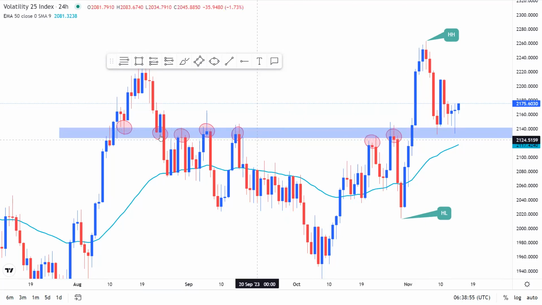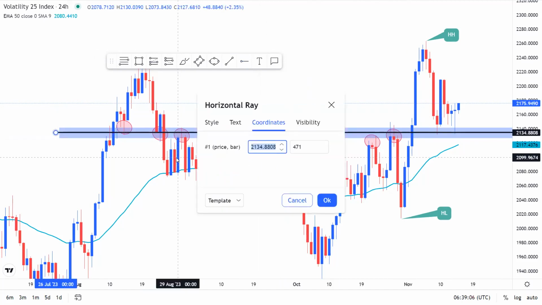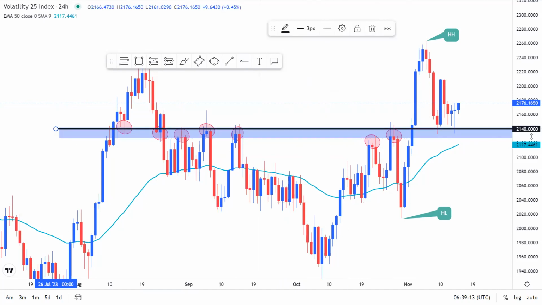So this qualifies this level for me as a key level, which I'm very much considering as a safe buying spot, a safe level where I would potentially look to buy from. And if I were to go a step further, this aligns perfectly well also with 2140 psychological round number.